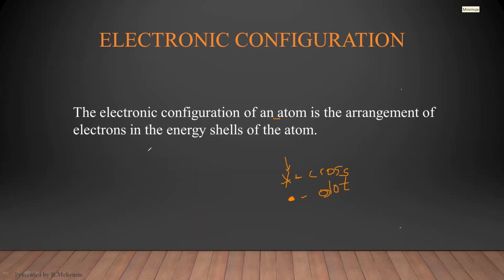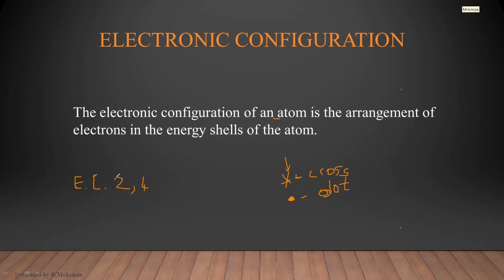So when you draw the electronic structure of the atom, you just write in how many electrons are present on each shell. In the shortened form, you just use EC, between the E and the C, and at the end, the full stop.